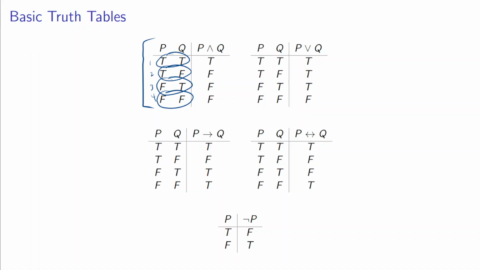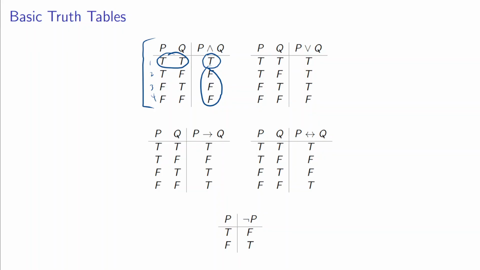And so this is the truth table for the statement P and Q. We may recall that this particular type of statement is only going to be true when both P and Q are true. So we see here that P and Q is true precisely when both of these are true. Otherwise, P and Q is false.